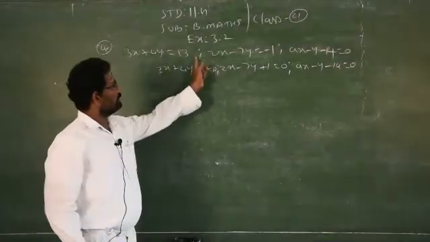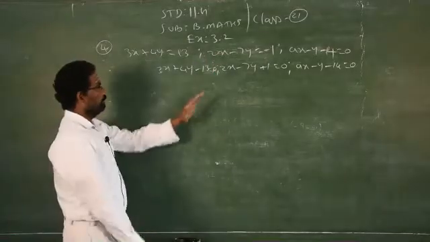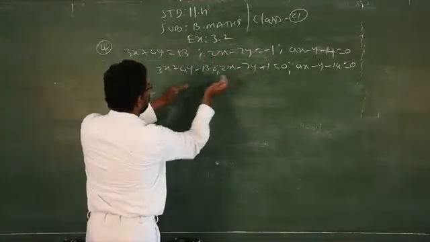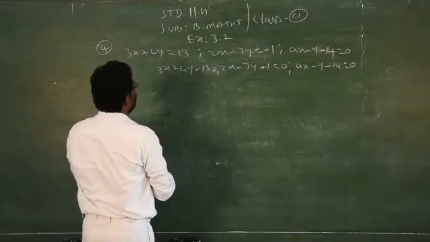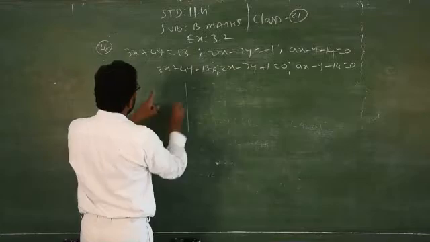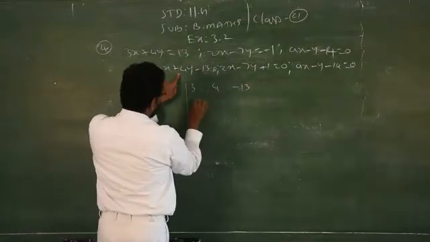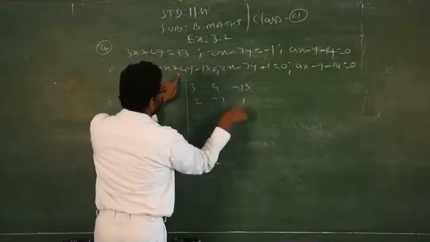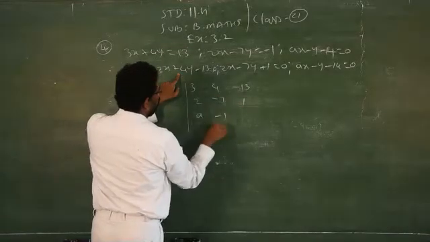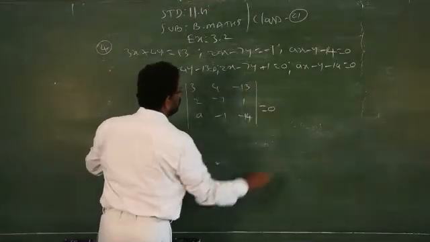The first two are not in standard form, so you bring them into the standard form of the general algebraic equation. Now you have to write in determinant format the coefficients of x, y and the constant: 3, 4, minus 13; 2, minus 7, 1; a, minus 1, minus 14 is equal to 0.